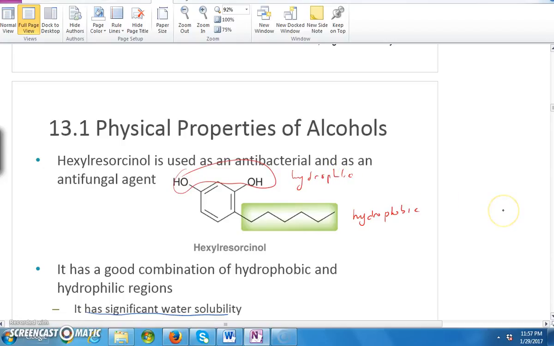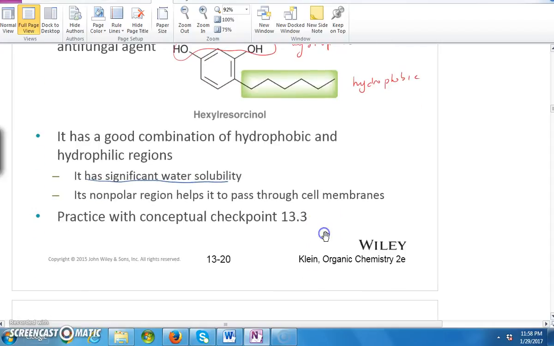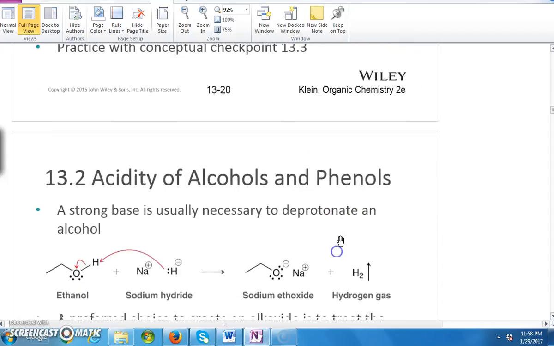So the hydrophobic chain is able to penetrate the walls of the bacteria, right? While with the hydrophilic part, it's able to be water soluble. So a combination of the hydrophobic and the hydrophilic regions makes it an effective antibacterial as well as an antifungal agent.